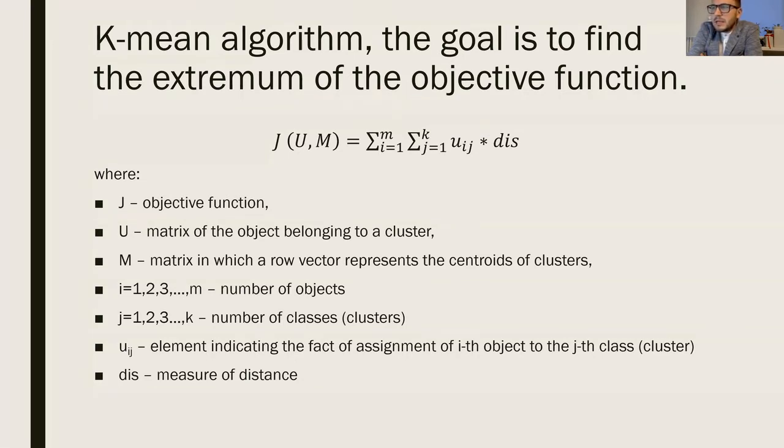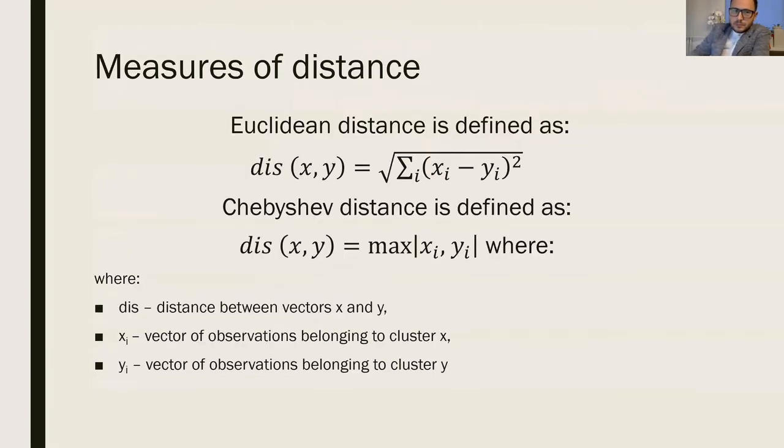Here, I would like to say that if we consider the size of the matrix, if we have plenty of input parameters, the size of the matrix increases really quickly. So what measures of distance are used? Of course, the first and the most common is Euclidean distance, which is presented here in the slide.